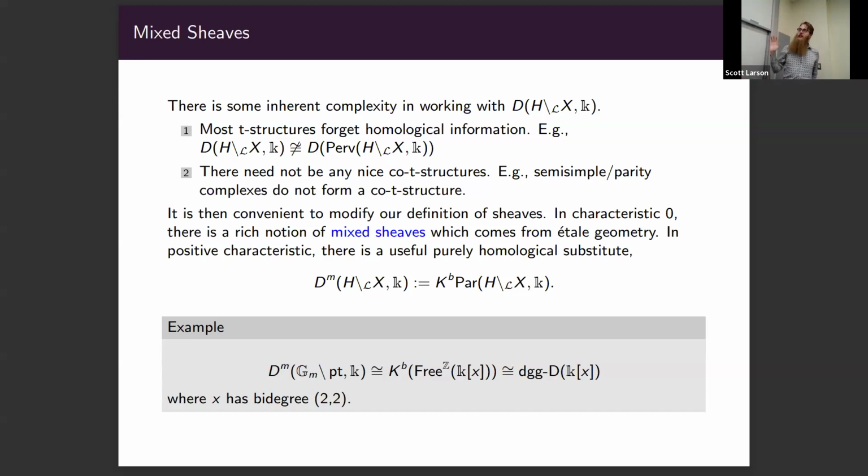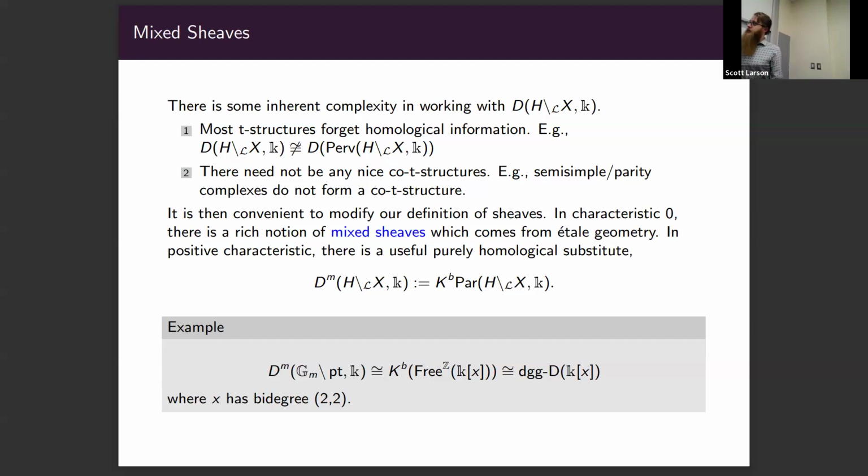There's a fairly large story about where this comes from, and in the characteristic 0 case, this usually does produce the usual mixed sheaves that come from, say, Hodge theory. But in positive characteristic it's purely formal, just some convenient thing we can do. And it's a lot of work then to take this purely formal thing and produce something that actually tells us something about the original category, but we'll get there when we get there.